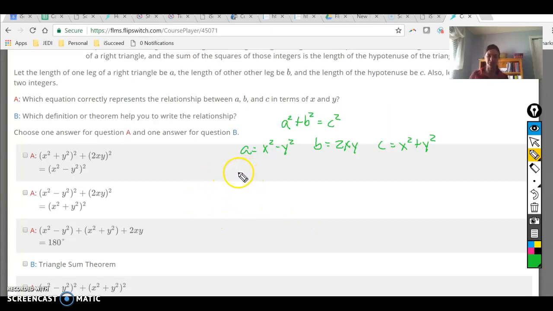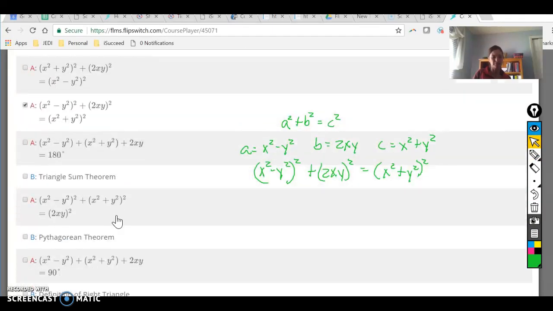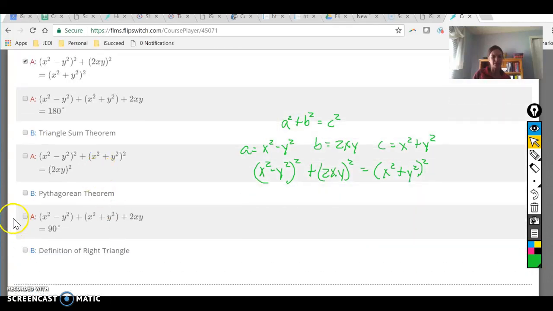So we would have (x squared minus y squared) squared plus (2xy) squared equals (x squared plus y squared) squared. Okay? And it looks like this is the only one that matches that. Scrolling down, and then we already decided that it was the Pythagorean Theorem for question B there.